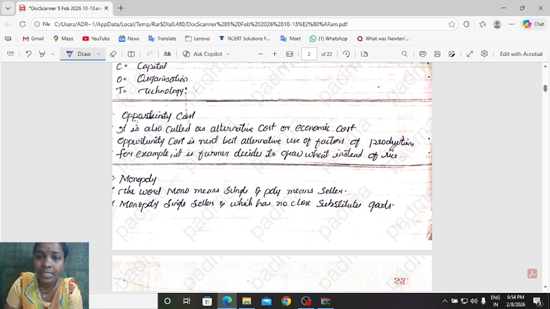The best option is rice. For that he is changing. Instead of wheat he is going for the alternative, that is rice. Here, for the opportunity cost, you have to use this line: next best alternative use. If you use this, you will get 1 mark. This is very important. Opportunity cost is also called the next best alternative use of factors of production. If you write this, you will get 1 mark. You must use this line.